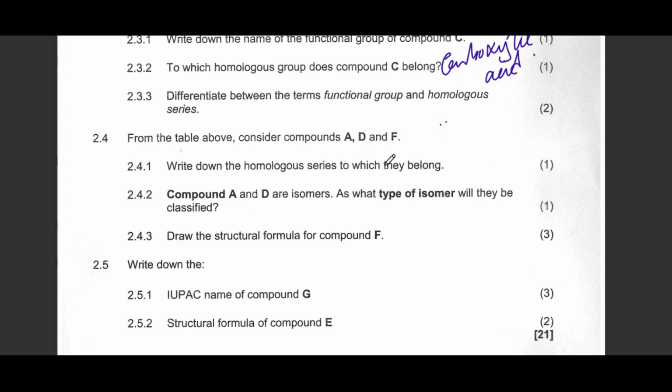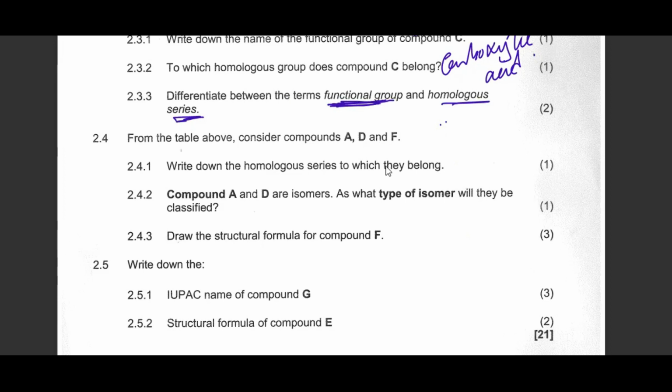Then they are saying, differentiate between a functional group and a homologous series. A functional group must be a group of atoms. It can be one atom, or it can be a group of atoms.